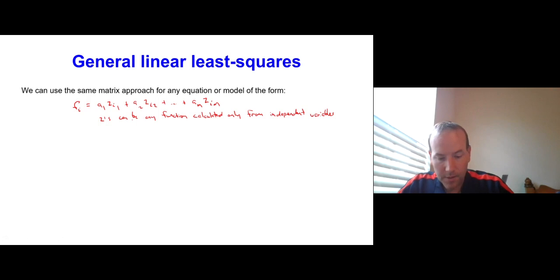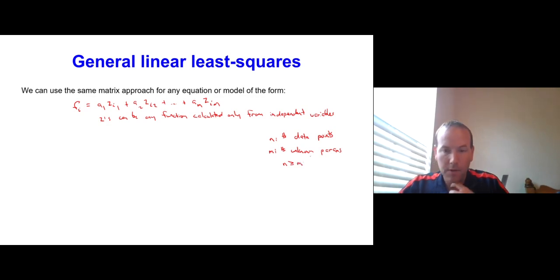Okay, and so n is the number of data points, m is the number of unknown parameters, and n is always going to need to be greater than or equal to m. So let me write out the equation that we have here.